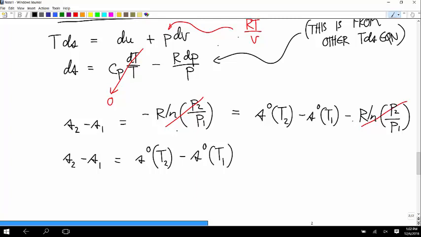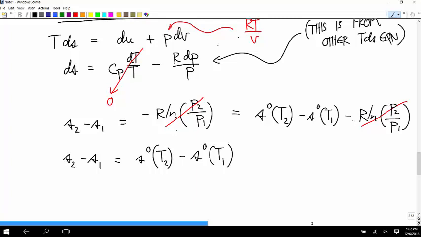Those are two separate processes that are not adjacent to each other. There's an adiabatic compression, an isothermal compression, an adiabatic expansion, and an isothermal expansion. Those two things aren't happening right next to each other.